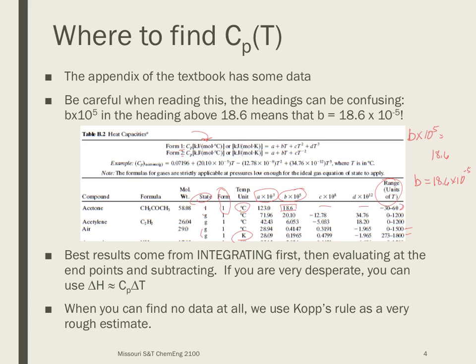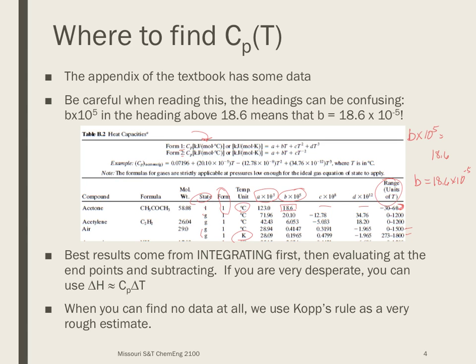Some of them are for very tiny temperature ranges. Acetone, for instance, is only from -30 to 60 degrees C, but we have a different formula for gases from 0 to 1200 degrees C. The reason for this difference is simply that acetone won't exist as a liquid at those higher temperatures.